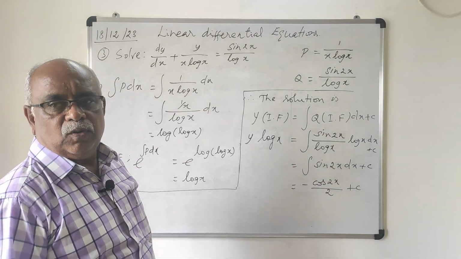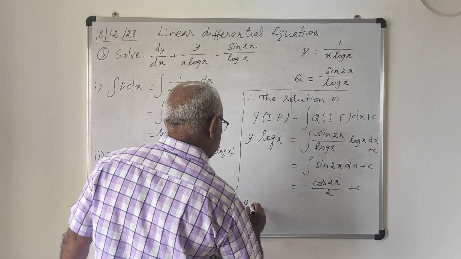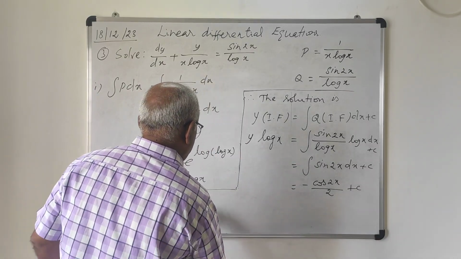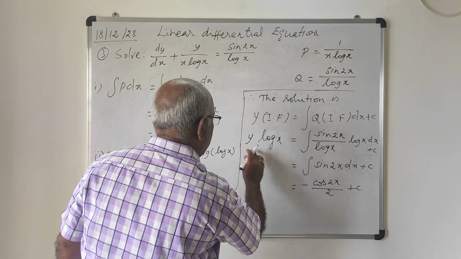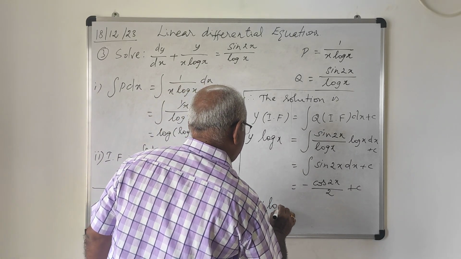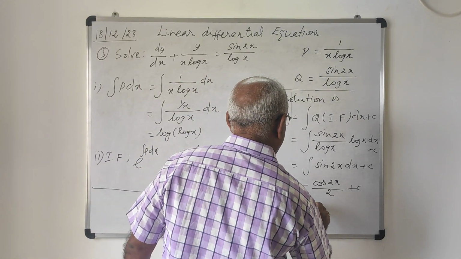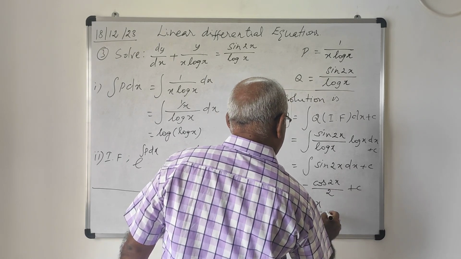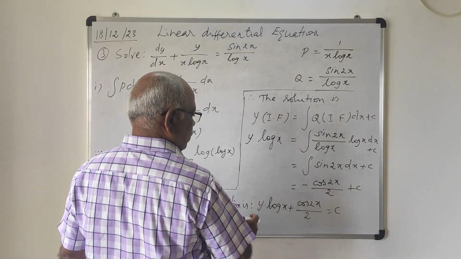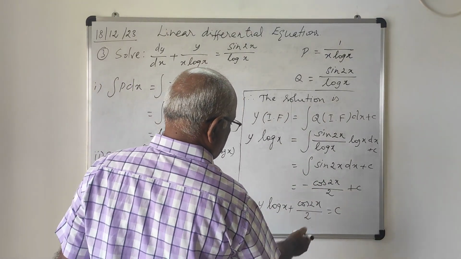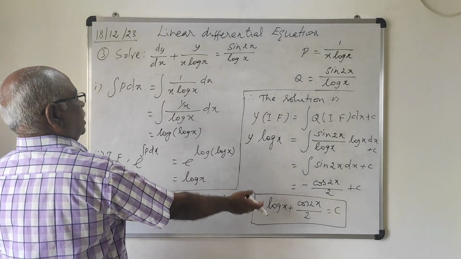You bring this minus cos 2x by 2 to the left hand side, and you get the solution: y into log x plus cos 2x by 2 equal to c. That's all about the problem. This is the general solution for this problem.